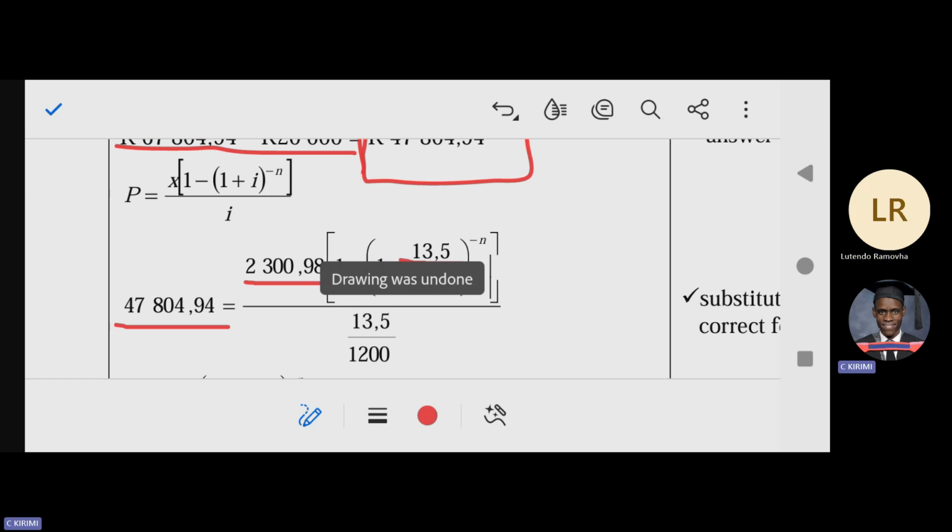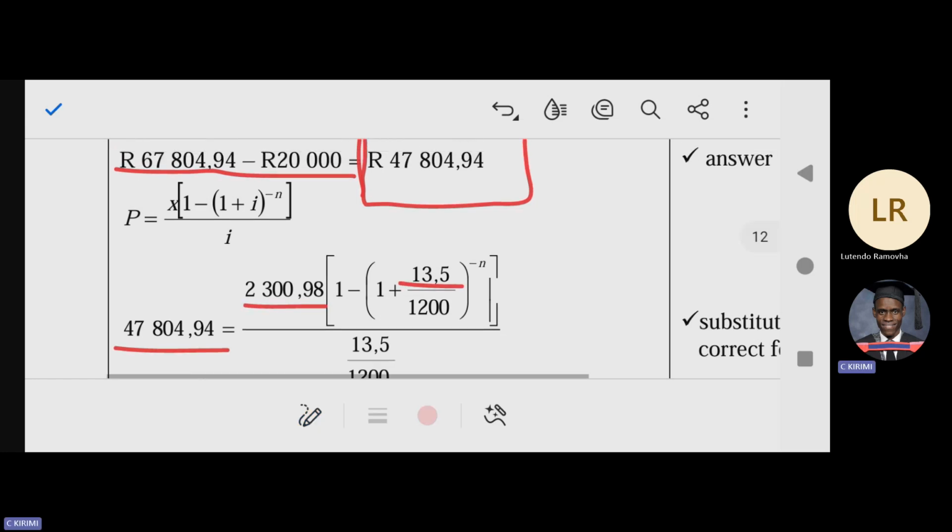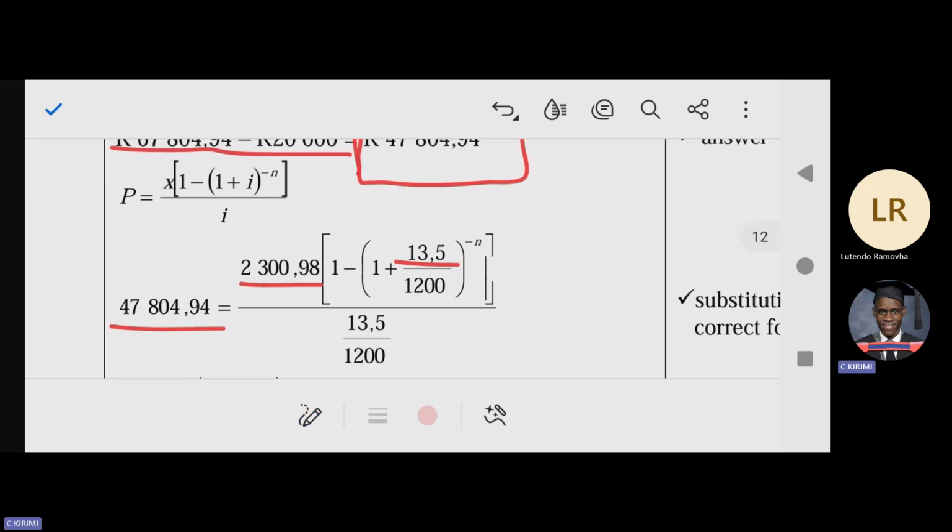Are you able to solve for N there? Can you make N the subject of the formula? Let me give you time. You try. In other words, push the numbers: 47,804 multiplied by 1,200 over 13.5, divided by 2,300.